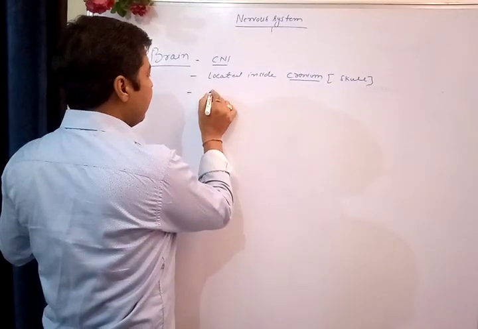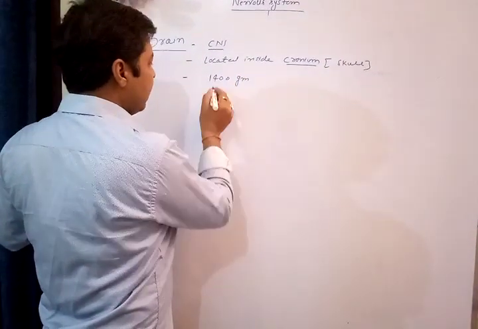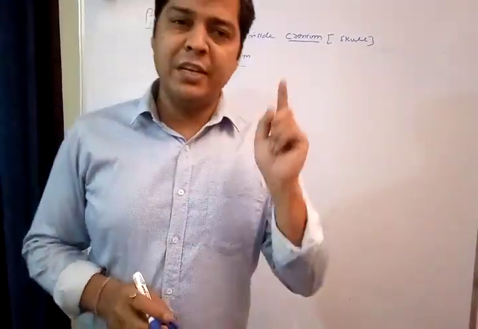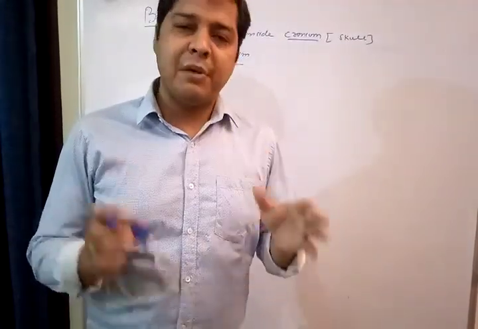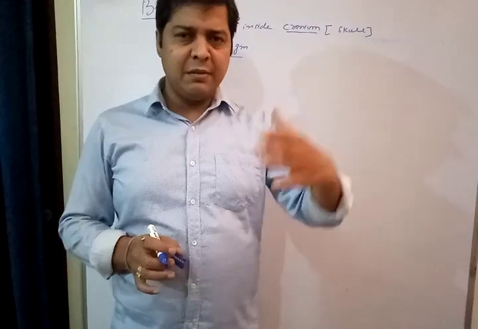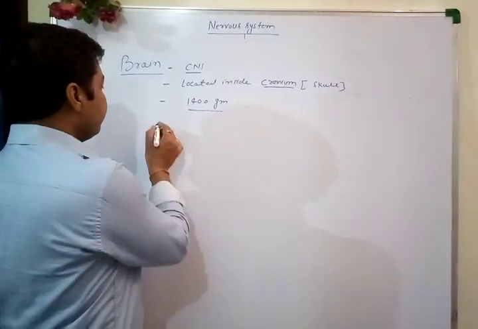In the human body, the standard weight of the brain is 1400 grams, 1 kilogram and 400 grams. It can vary from 1200 grams to 1400 grams, but this is the standard parameter that I'm telling you.